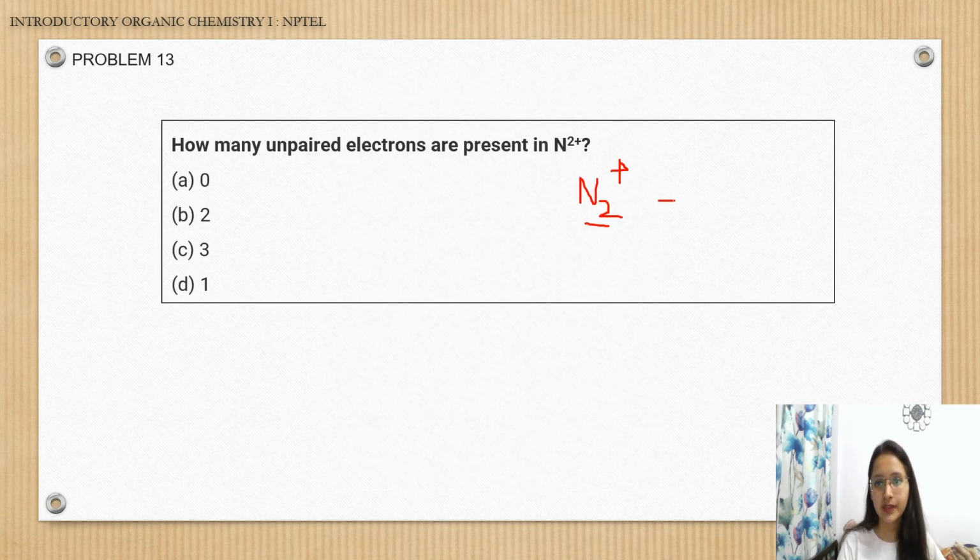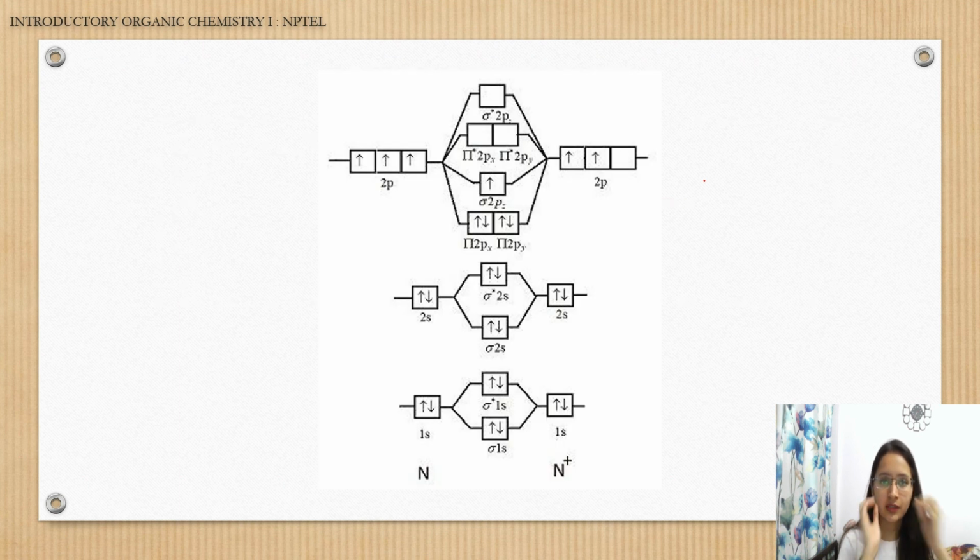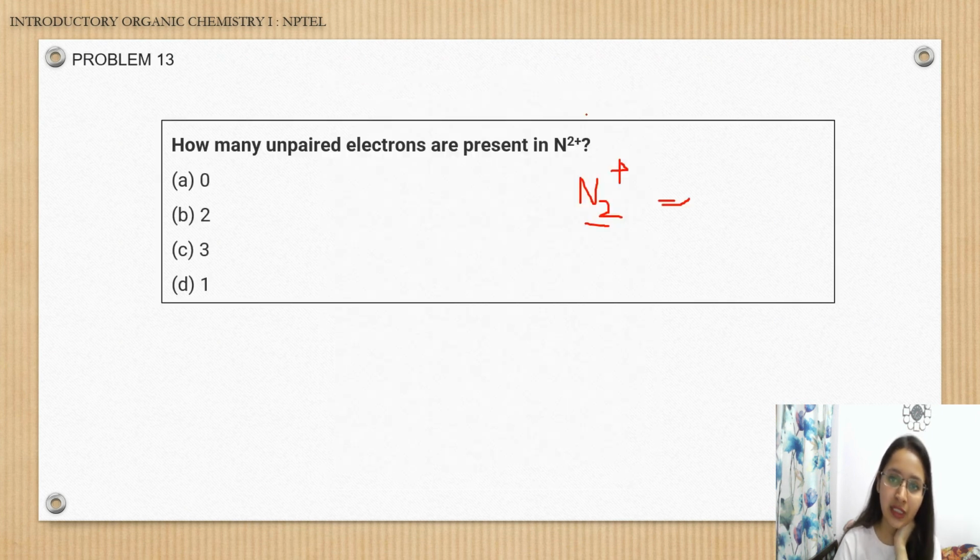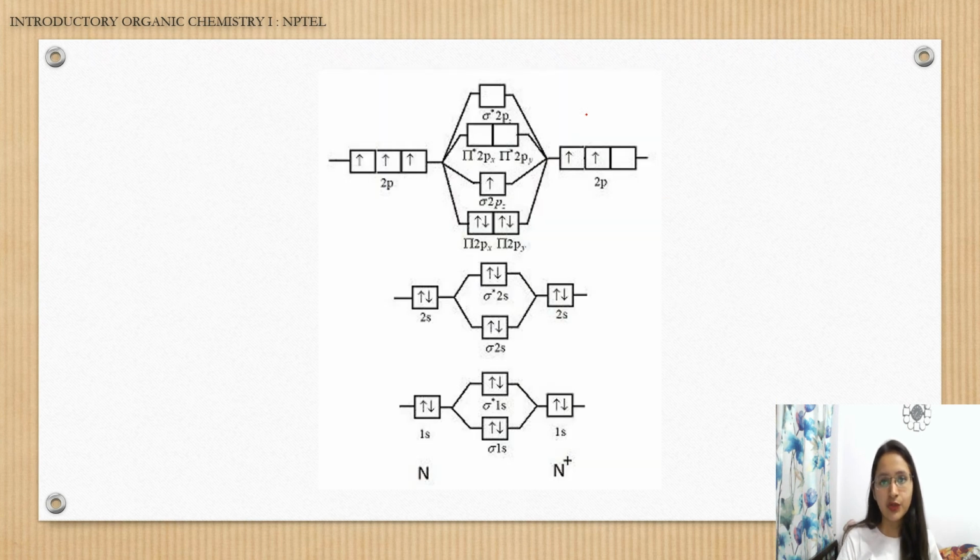So how many unpaired electrons will N2 plus have? Here, if you fill 14 electrons, how many electrons are there? 14, right? So amongst the 14 electrons, one electron is abstracted. So now how many electrons are remaining? 13 electrons, right?